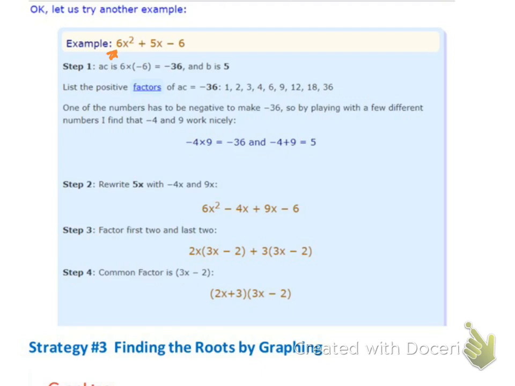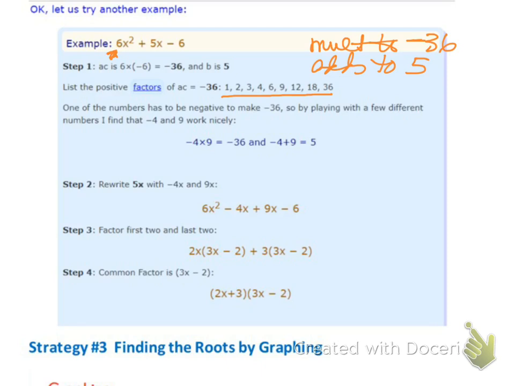So then I say, and we'll follow these steps, what multiplies to a -36 and adds to 5. So if you list out all the numbers, these are the positive factors that multiply out to a -36.